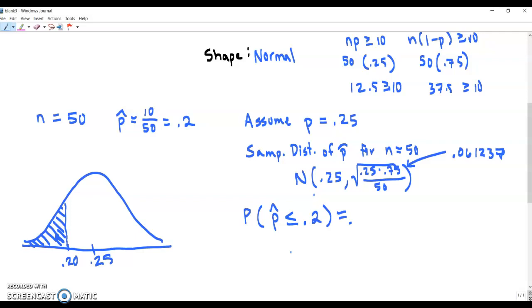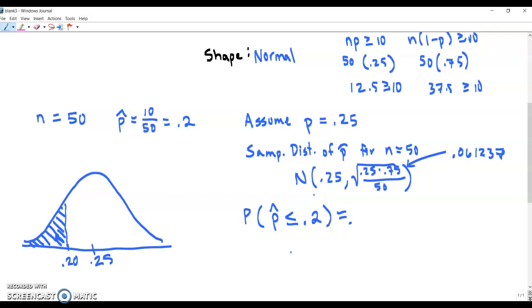So lower value, negative infinity. The high, 0.2. The mean, 0.25. And a standard deviation of 0.06123. I could even type the expression radical 0.25 times 0.75 over 50 if I want to be a little bit more precise.